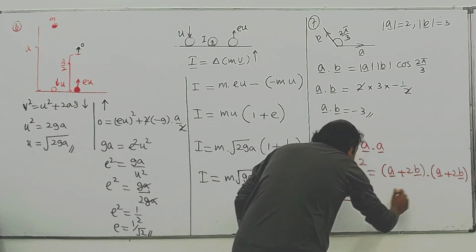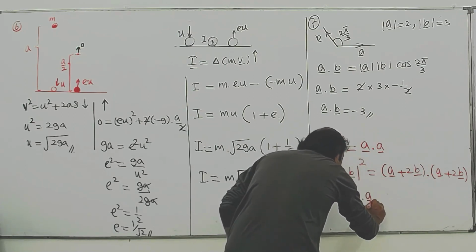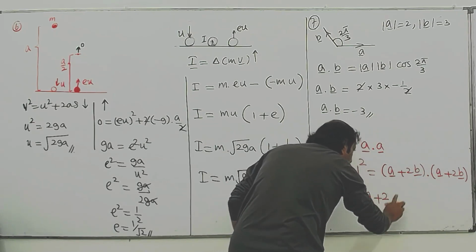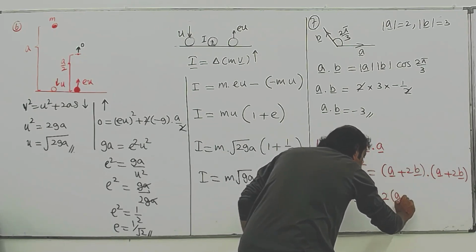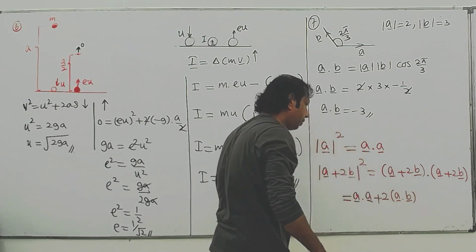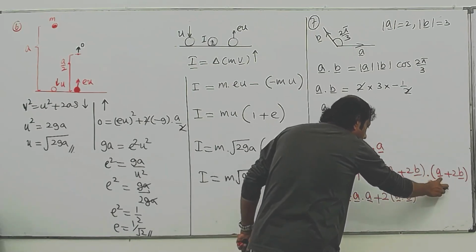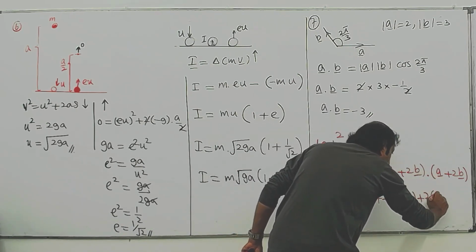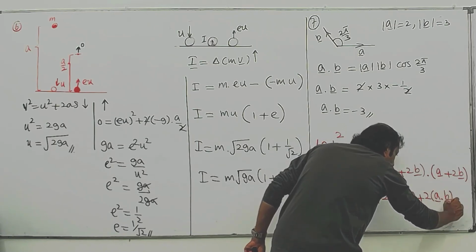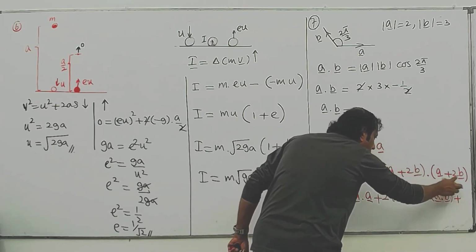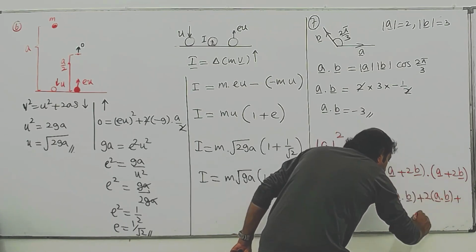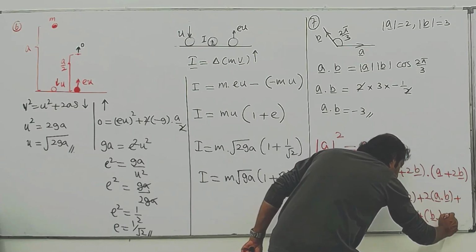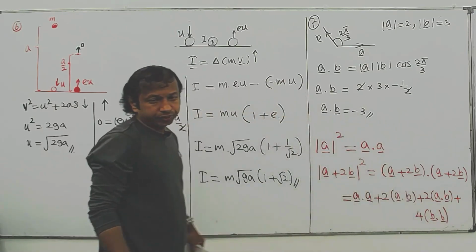A dot A. A dot 2B, how to write that? 2, we write first A dot B. Next one, 2B dot A. You know B dot A is equal to A dot B. Plus 2B dot 2B, 2 and 2 make 4, B dot B. And this way we can expand that.